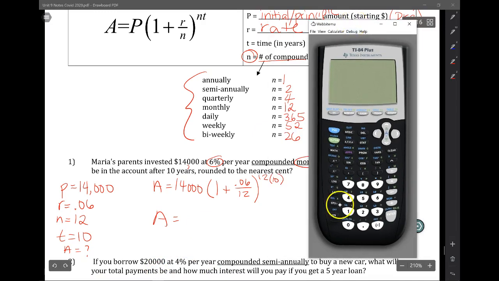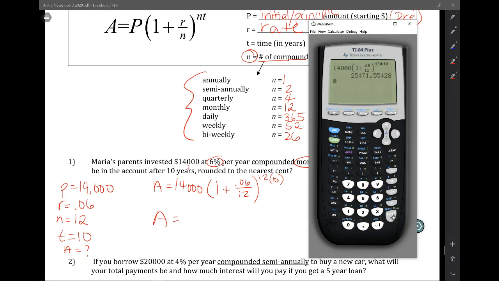All right, so 14,000, 1 plus, I do alpha, green, y equals enter, so that I can type that in exactly as I see it on my page, divided by 12, parenthesis, raised to the 12 times 10, hit enter.